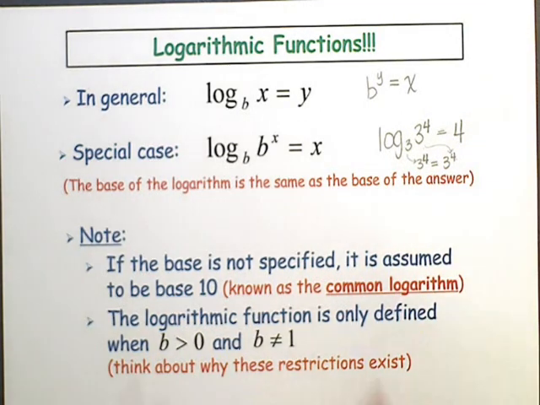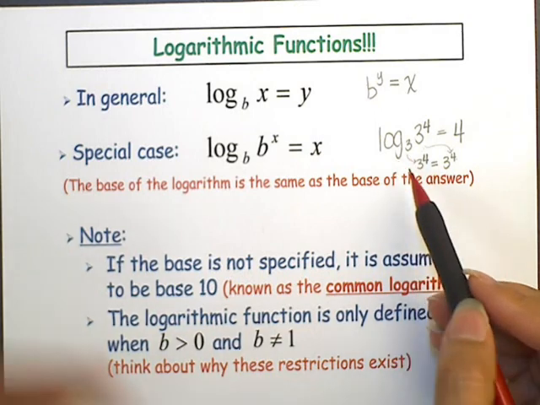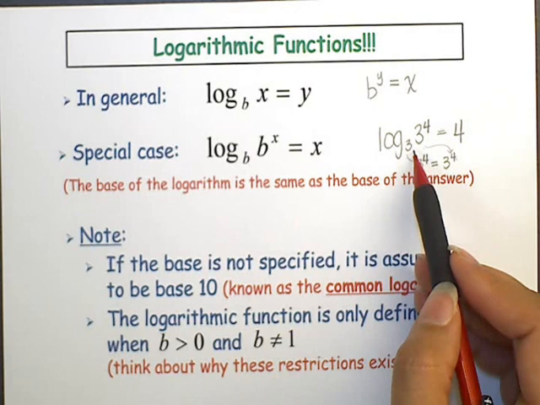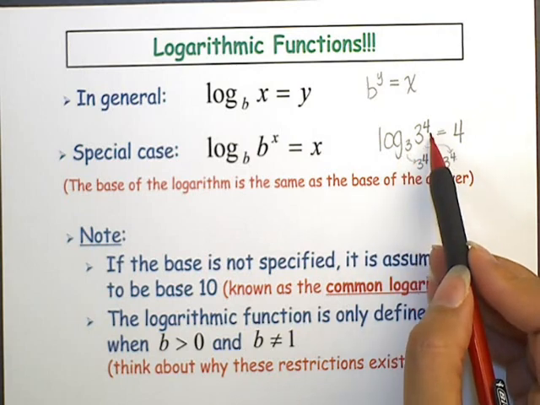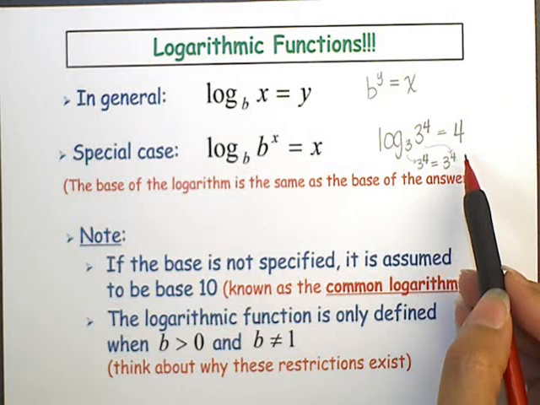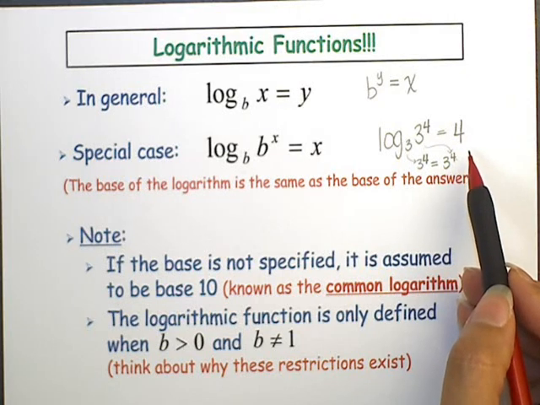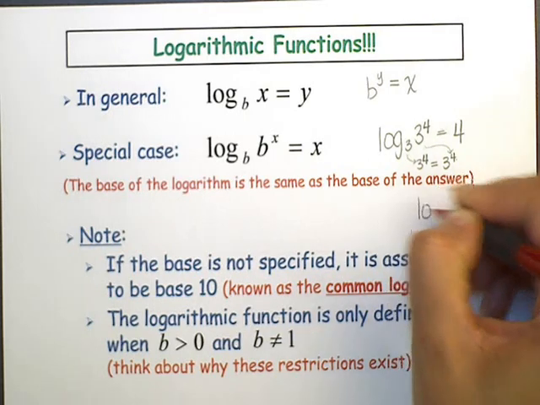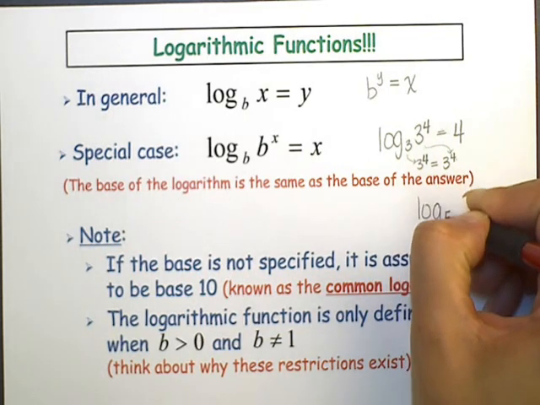And what we're going to try to do in example 5 and in example 6 is try to figure out what the exponent would be that would make this statement true. And in this case, it was pretty straightforward. Okay, we will be looking at examples where you might have log base 5 of 25.